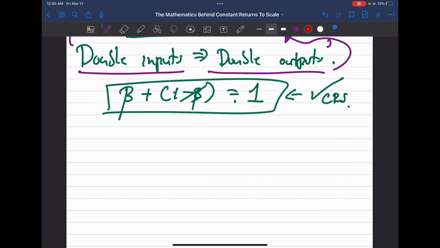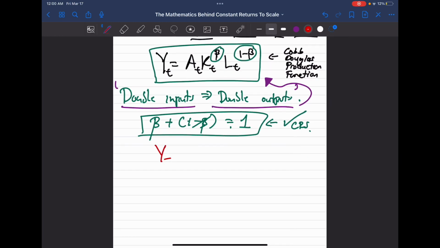So we have our Cobb-Douglas production function. I'm going to write it all out. If you forgot what each variable means, check out the previous video. Now let's say I am trying to double inputs. So what do I do when I double inputs? I multiply things by 2.